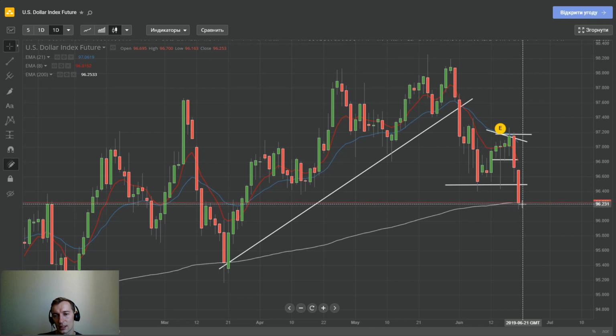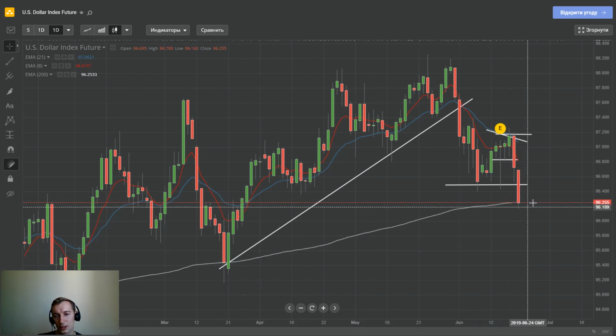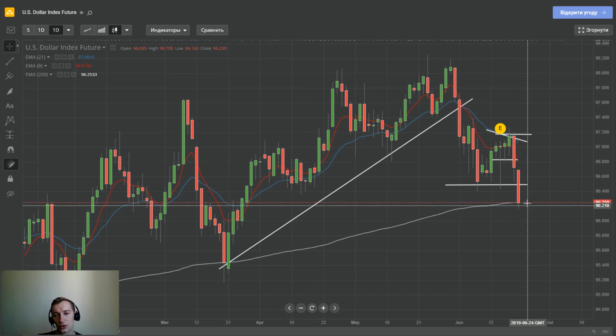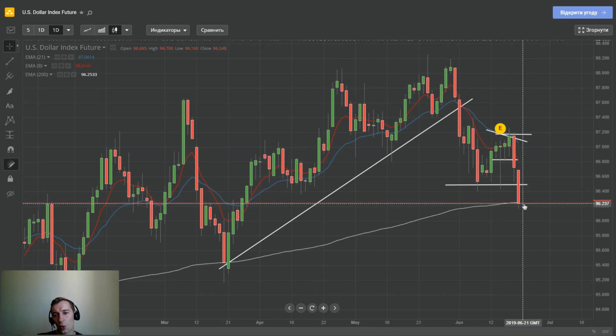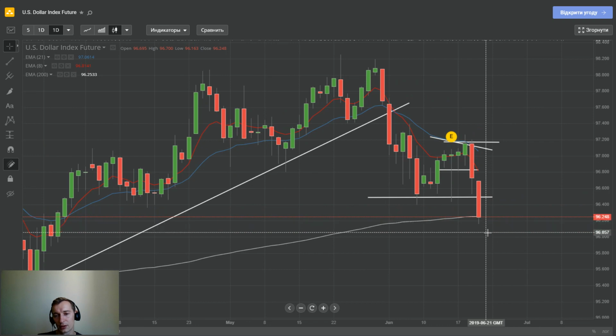And of course, buying is pretty difficult here, despite this nice dynamic support, because we need one more element, our signal, our trigger candle. What I want to see is a reversal candle.